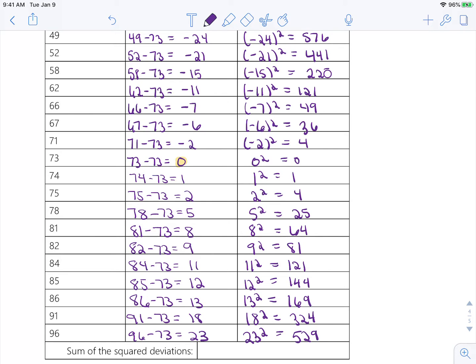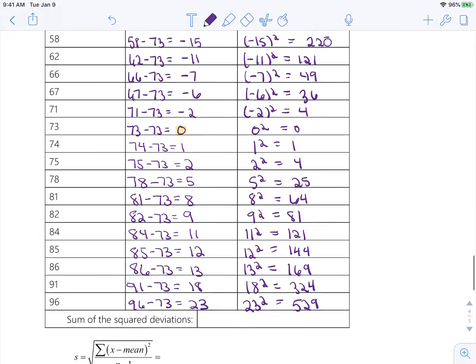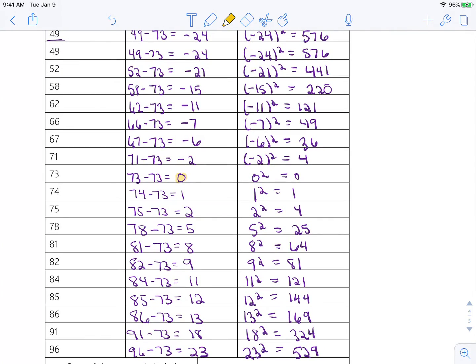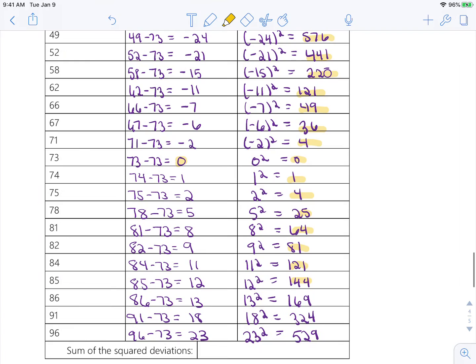All right, so now what we need to do is add this value with this value, this value, and so on. So you definitely want a calculator.